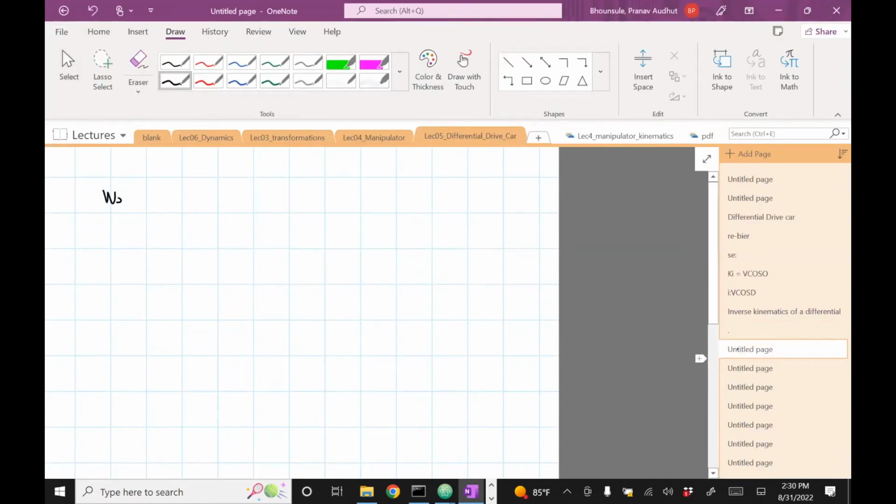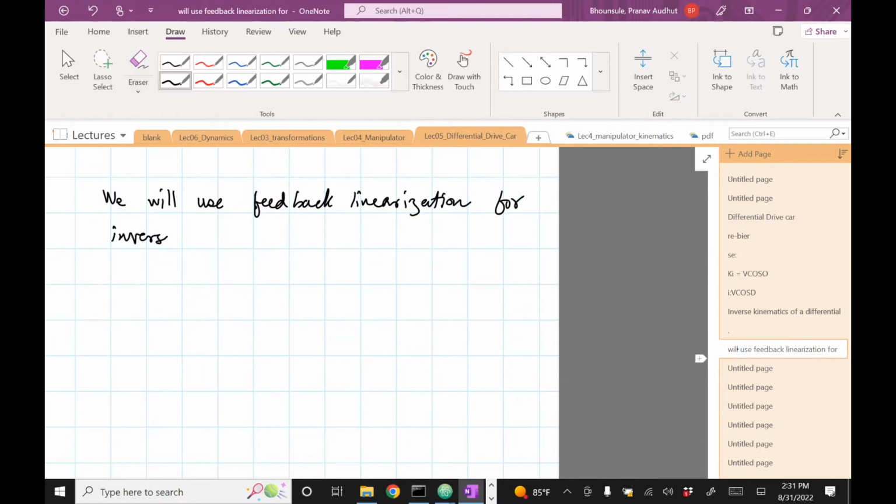So we will use feedback linearization for inverse kinematics. Okay, so the method is basically x dot p0 equals something.